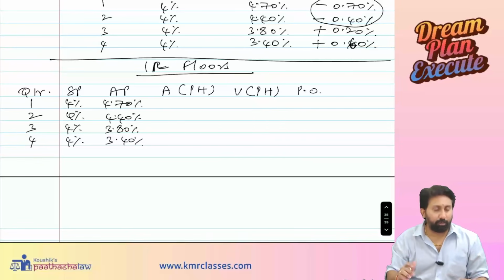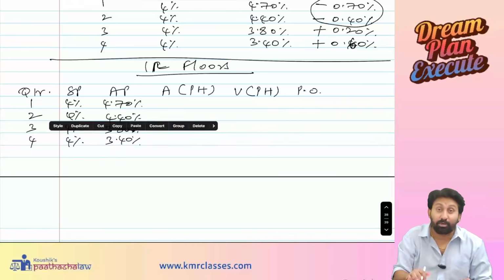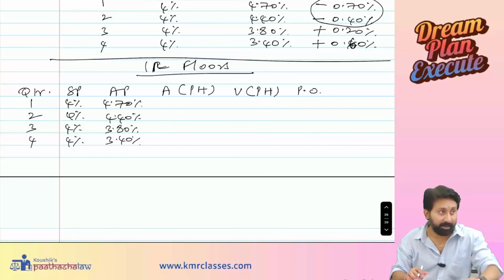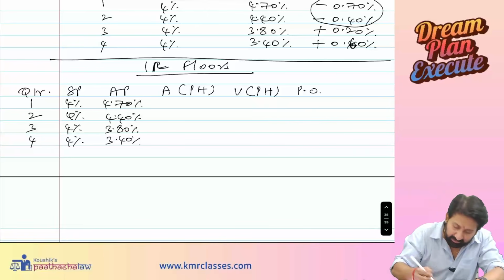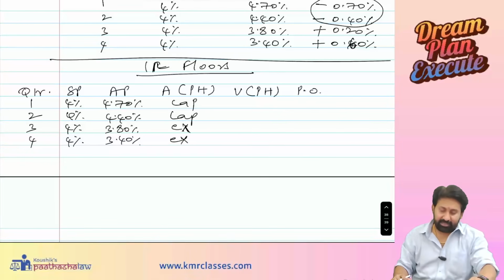What will you do as a put holder? The put holder will always exercise when SP is more than AP, because SP is the selling price for him. Correct? So he will lapse in the first two cases, and in the third case he will exercise, and in the fourth case also he will exercise.